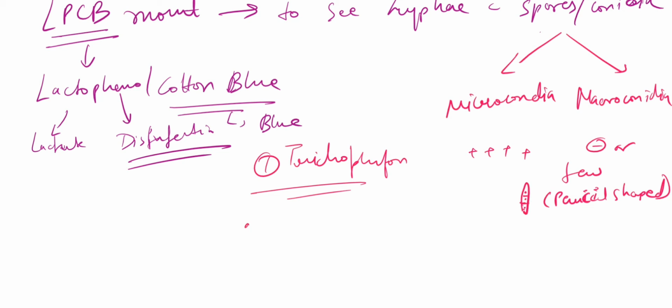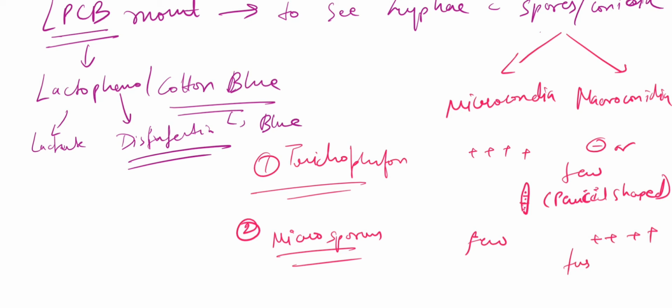Then in case of Microsporum, we just have to reverse it. There will be very few microconidia and a lot of macroconidia. What will be the shape of the macroconidia? They will be fusiform shaped, or spindle shaped.